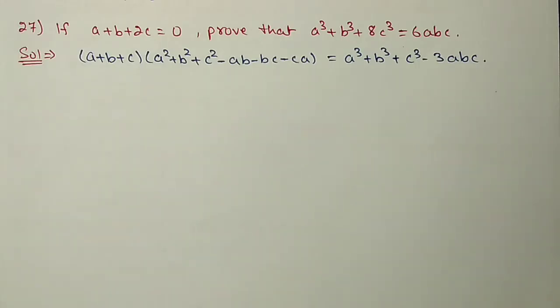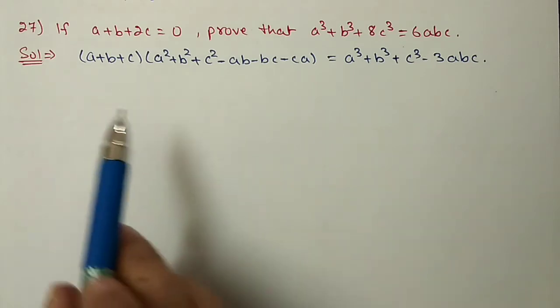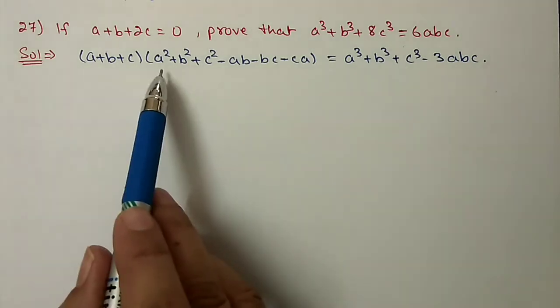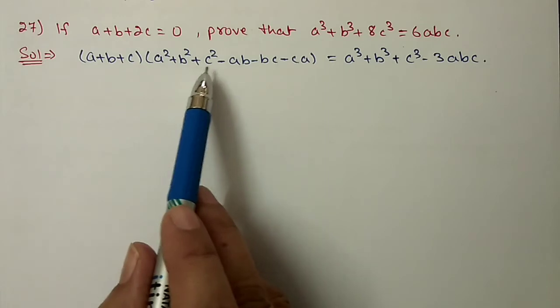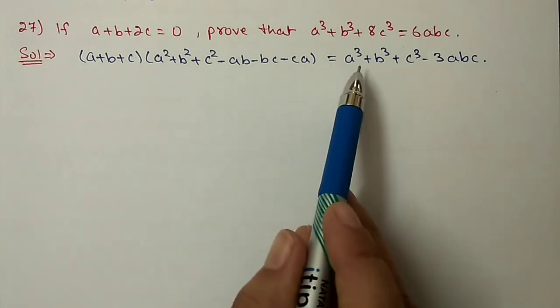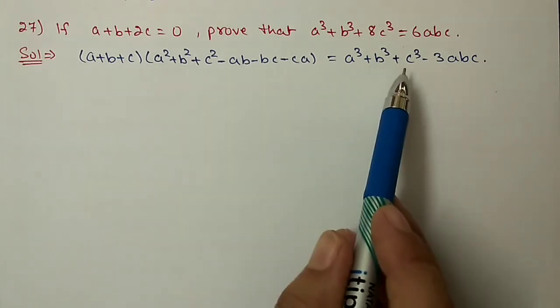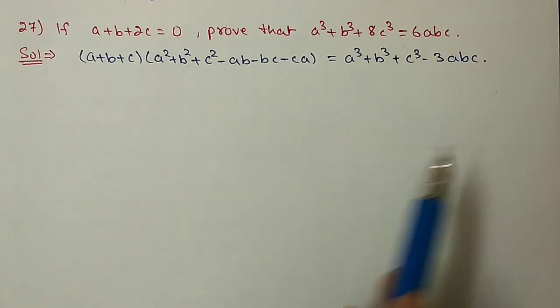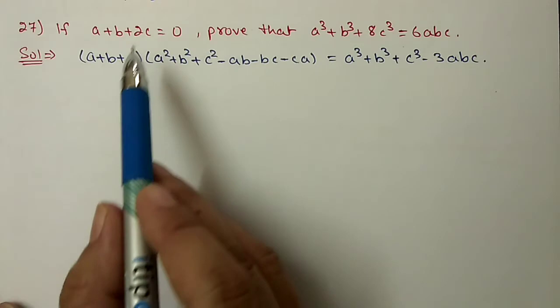Question number 27, a plus b plus 2c equal to 0. Prove that a cube plus b cube plus 8c cube is equal to 6abc. So here we will use this identity: a plus b plus c into a square plus b square plus c square minus ab minus bc minus ca is equal to a cube plus b cube plus c cube minus 3abc. In place of c we have 2c.